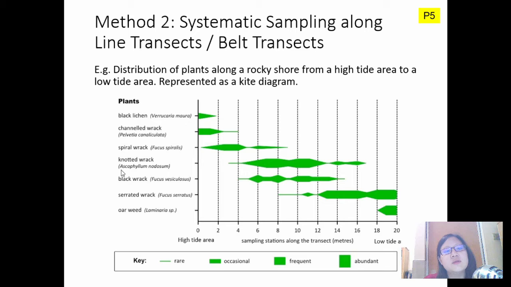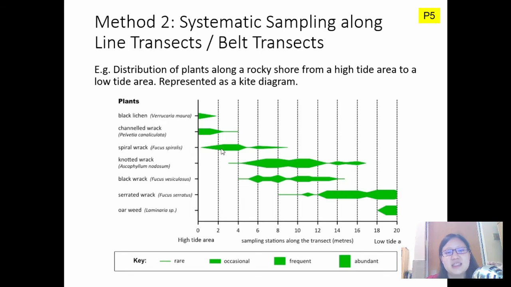And yeah, so now back to one last slide and one last note on systematic sampling. Now that you get the idea of how it measures the distribution of plants along an area, this is one way the information can be represented as well, and I think you will see it in a few past years as well. So here is something called a kite diagram. I guess it's called a kite diagram for obvious reasons.